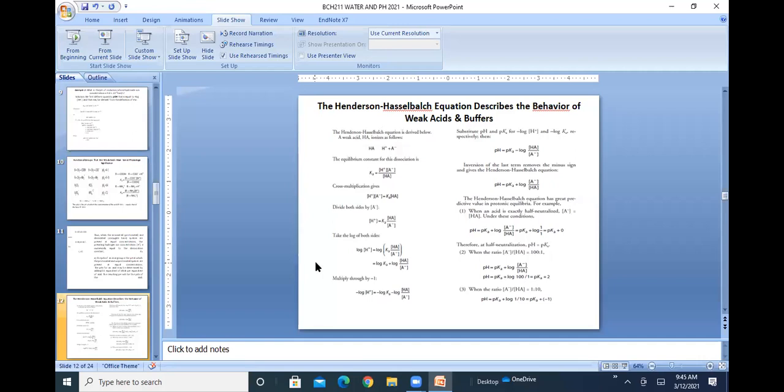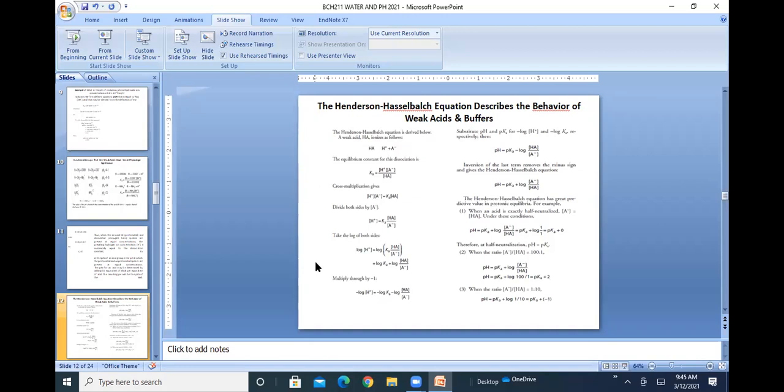If we do some manipulations, we get pH equals pKa plus log of the concentration of the conjugate base over the concentration of the acid.